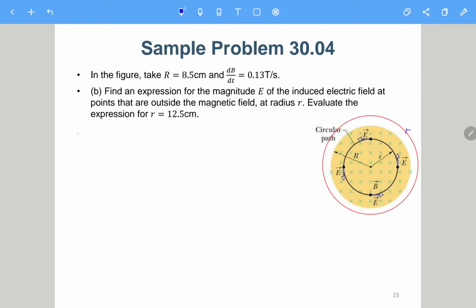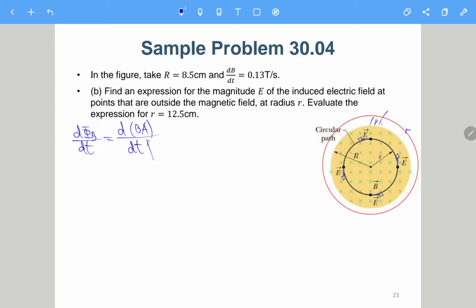Then we can do d phi B dt, which will be d of B times A over dt. The A corresponds to the magnetic flux, which means that this area is not the area enclosed by the Ampere's loop, but the yellow region, because we only have a B field inside the yellow region rather than here.